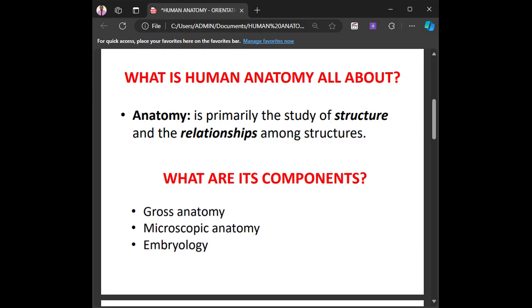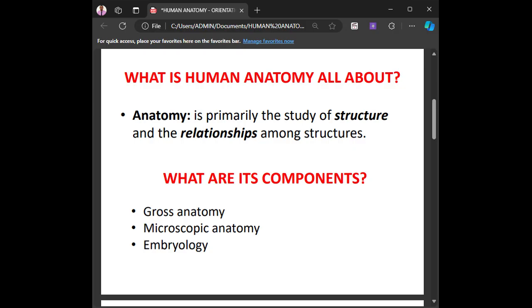Gross anatomy has to do with the study of structures which can be visibly seen with your naked eyes without the aid of any equipment. In other words, it is the study of large body parts that you can see with your own eyes and touch with your own hands without the aid of any instrument.